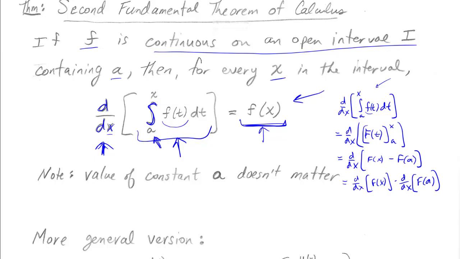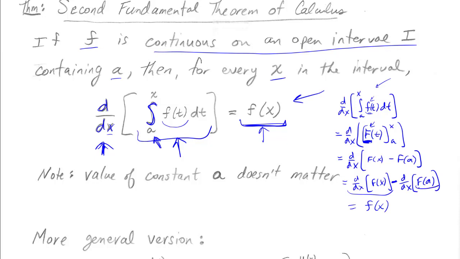Now, remember we said that the reason we used capital F here is because it's an antiderivative of f. Or in other words, if we take the derivative of capital F, we get little f. Well, that's what we're doing right here. So if we take the derivative of capital F, we get little f of x. Then we're going to subtract the derivative of capital F at a.